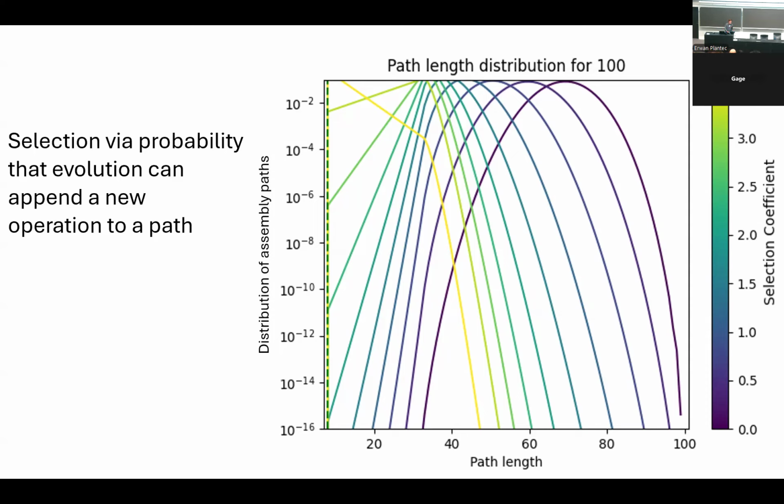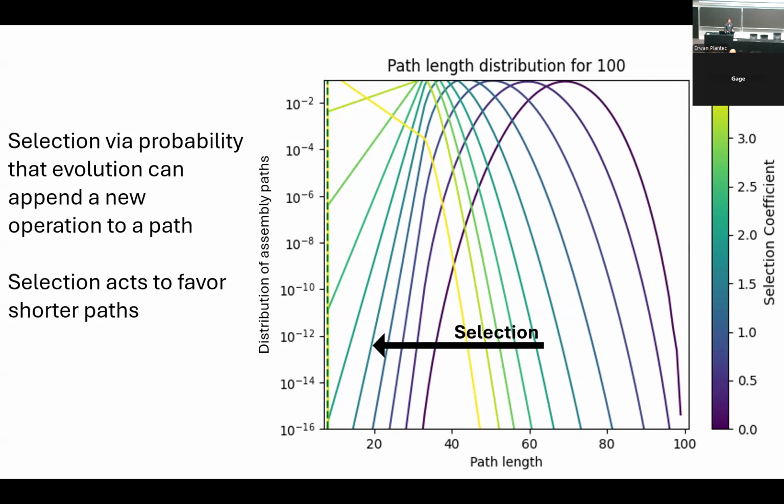But as we increase the selection coefficient, we're lowering that probability. We're making it harder for evolution to build these complex objects, and the effect is to favor shorter paths. On the far left, this green dashed line is the assembly index, I think it's 8 for 100. And as we apply more and more selection to this distribution, the expected path length shifts over to the left, closer to the assembly index.